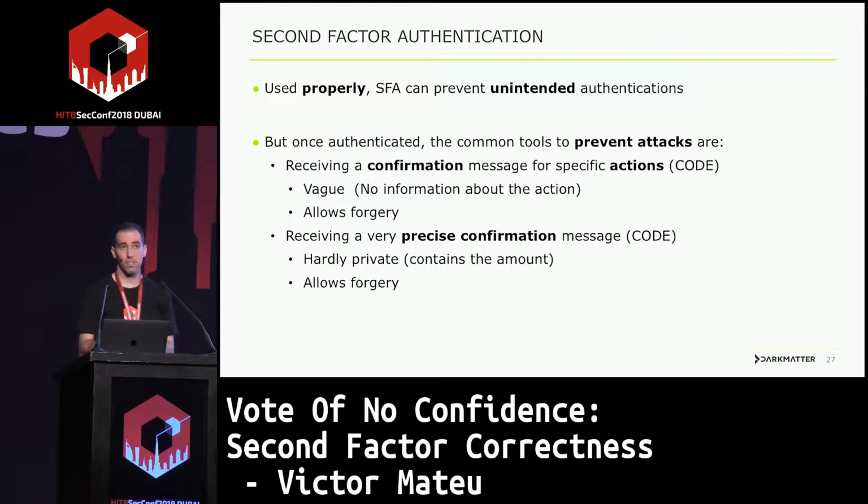The second case is when the message that you receive is way more precise. So basically it is telling you, you tried to enter here from this location at this time of the day and, I don't know, to do something. In this case, it's hard to be vague because you know all the information, but at the same point, it's also revealing lots of information.